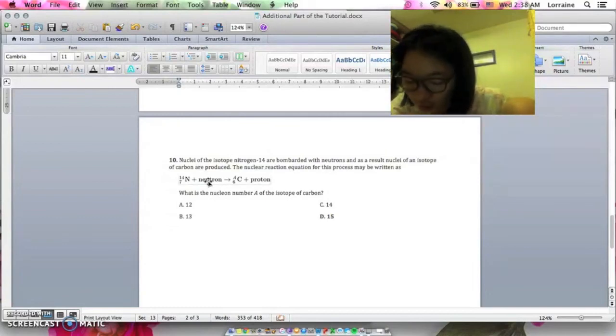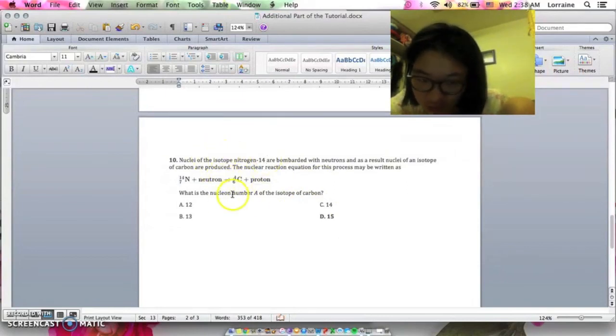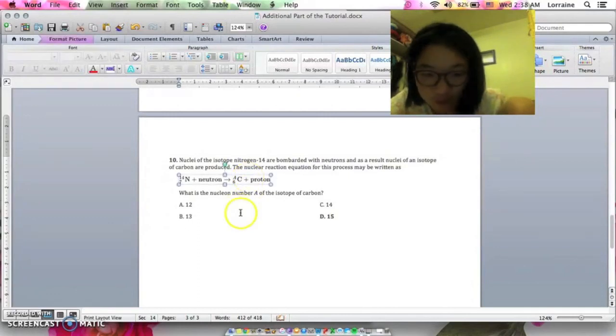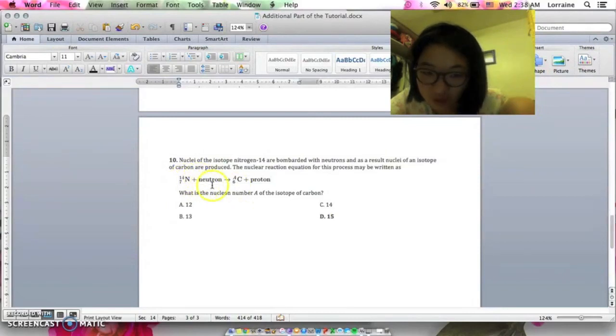The proton has 1 on top and 1 below. The value for A in this equation is 15, because 14 plus 1 equals 15, minus the 0 here, so that's 15. So A equals 15, and my answer is letter D.